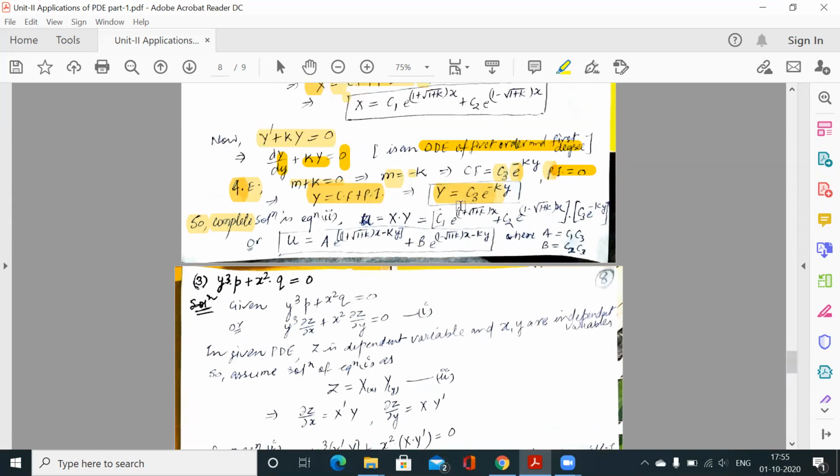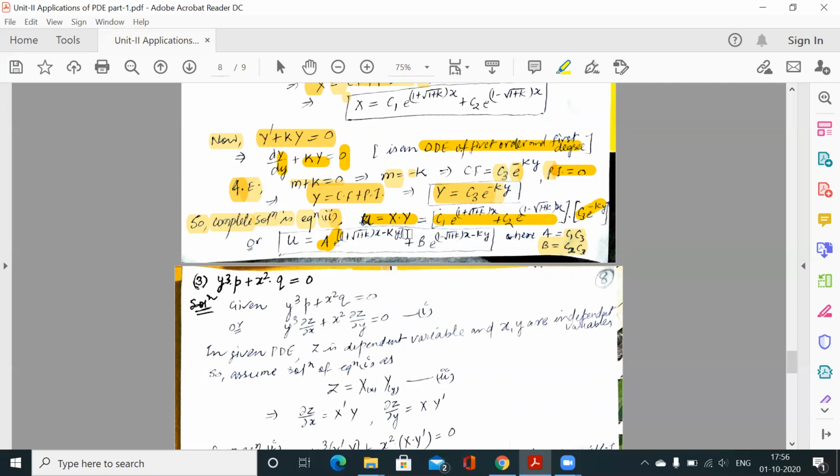Now we have got the solution for Y from this equation. So the complete solution is, what was it, u is equal to XY, the assumed solution. Now substituting the values, capital X is this and capital Y is this. When we multiply this to this, we will get C1 into C3, which we have replaced by capital A, and this is e to the power 1 plus square root 1 plus kx into e to the power minus ky.